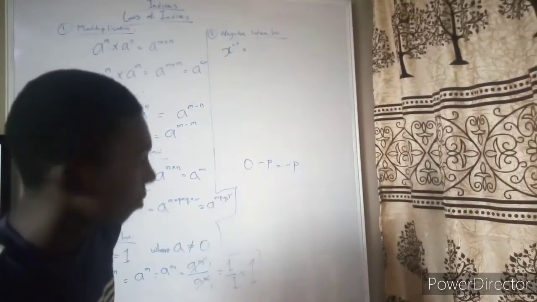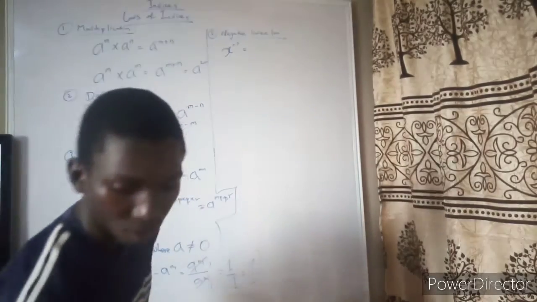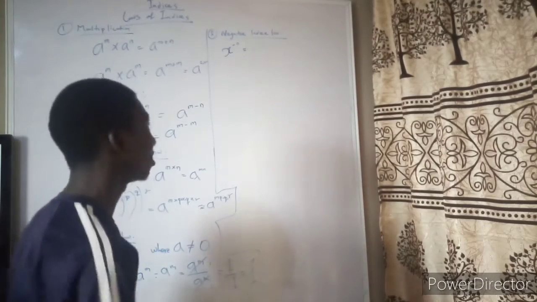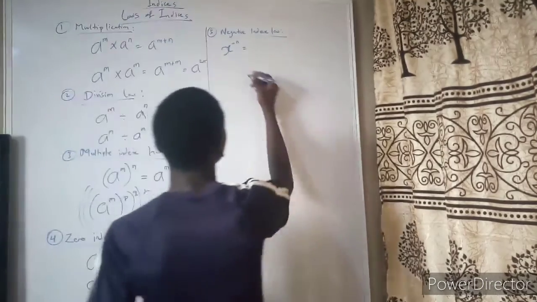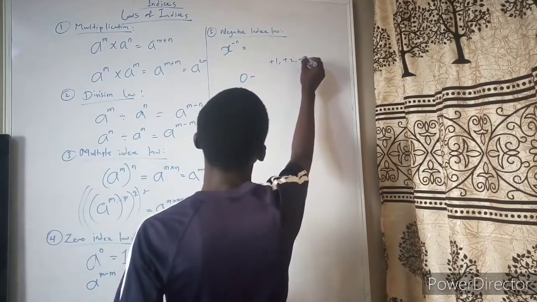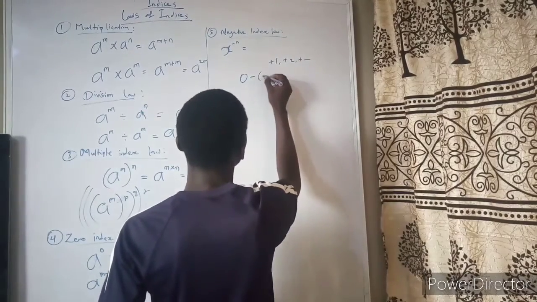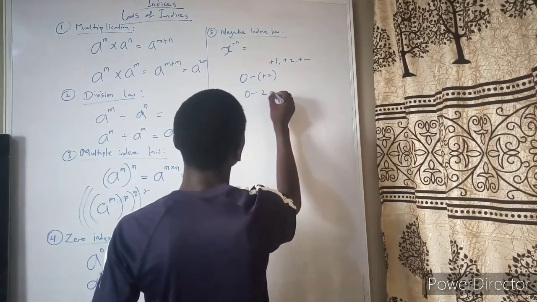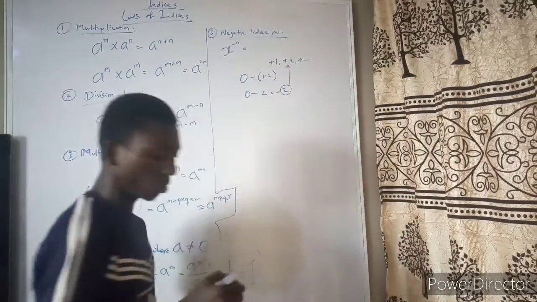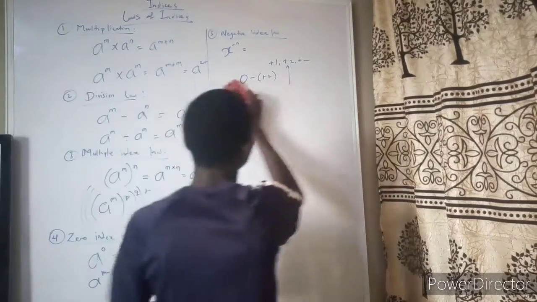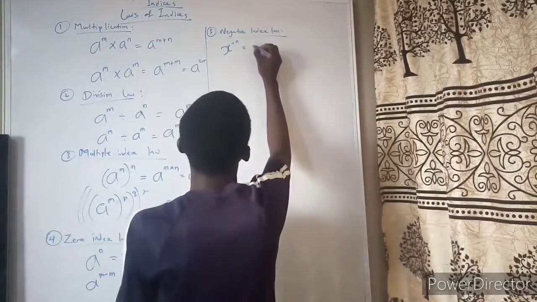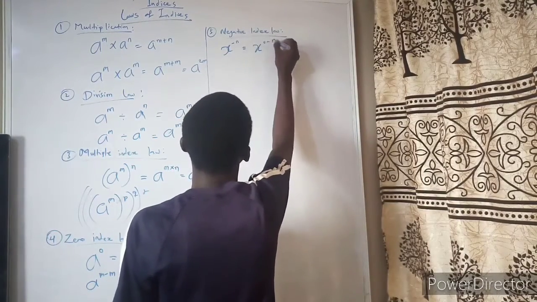For instance, take integers like plus 1, plus 2, plus 3. 0 minus 2 gives minus 2, the negative of the same positive integer. So 0 minus any positive integer is equal to the negative of that integer.